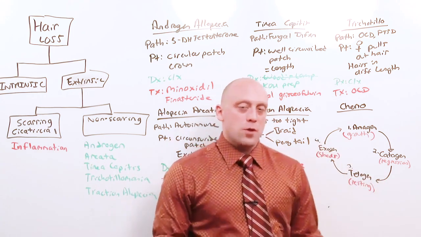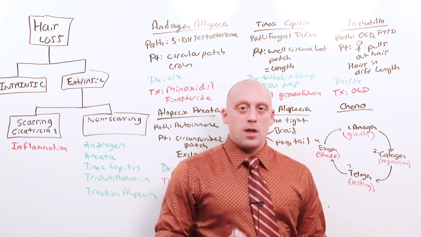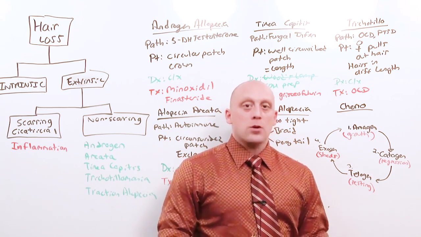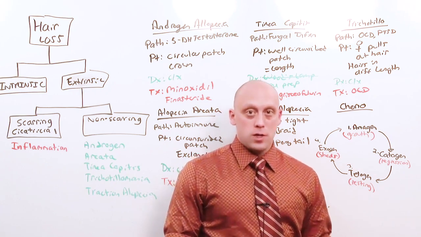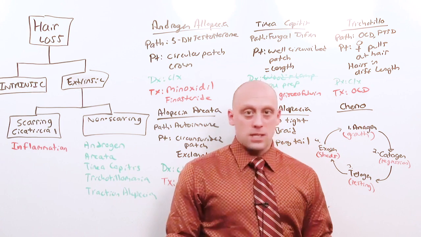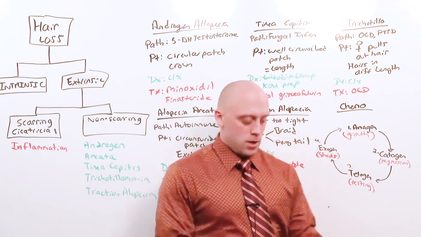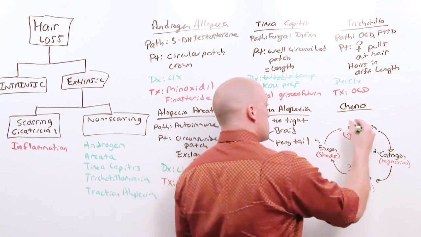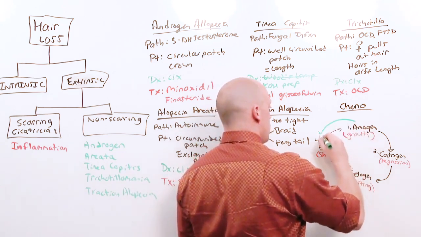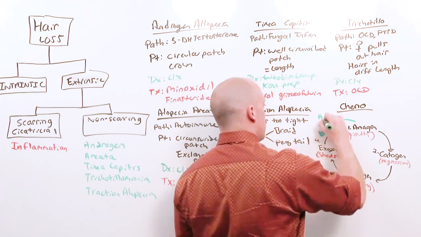What happens in chemotherapy is one of two things. Anagen effluvium causes damage to the hair follicles so they become very light and easily come off. So you just touch them and they're gone. Anagen effluvium essentially takes the growing hair and puts it into the shedding phase.